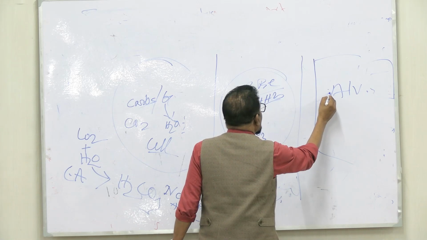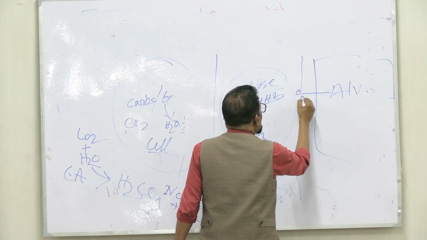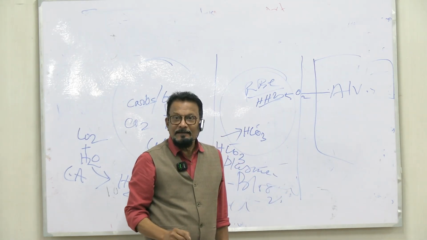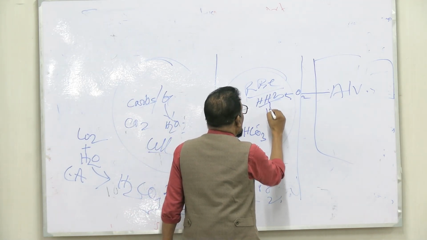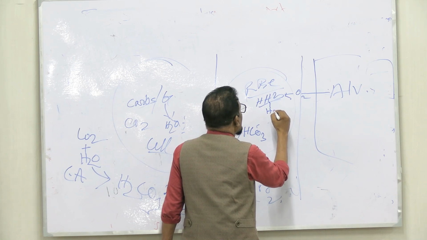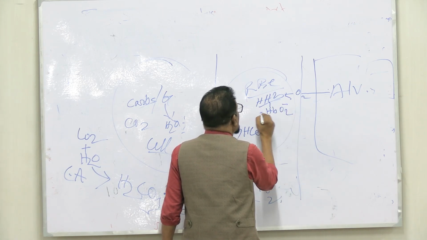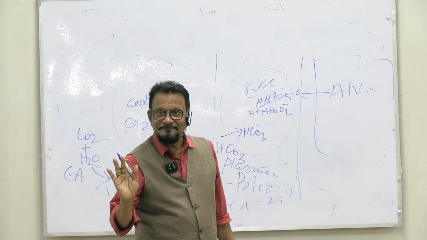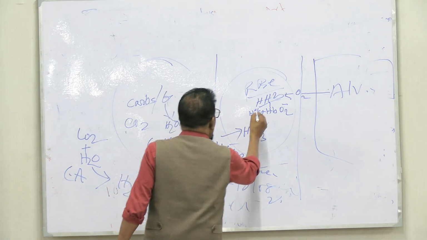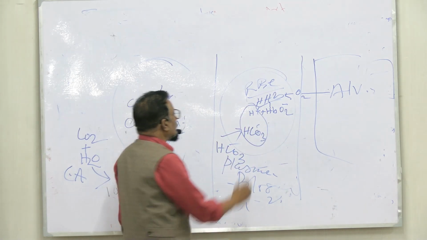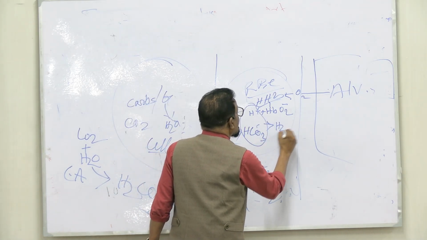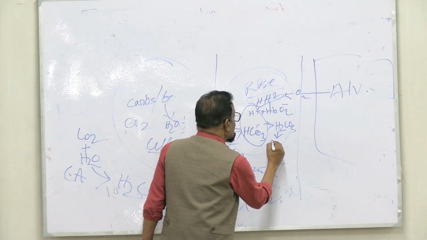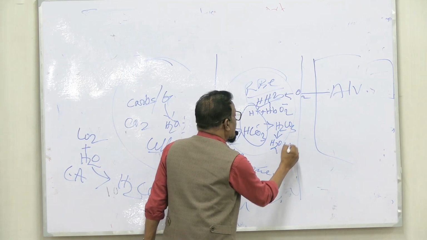Now from the alveoli, oxygen will enter and combine with this HHb, and it will form HbO2 negative plus hydrogen ion. Now this hydrogen ion and the bicarbonate ion will be converted into H2CO3. Immediately this will be broken into H2O plus carbon dioxide.